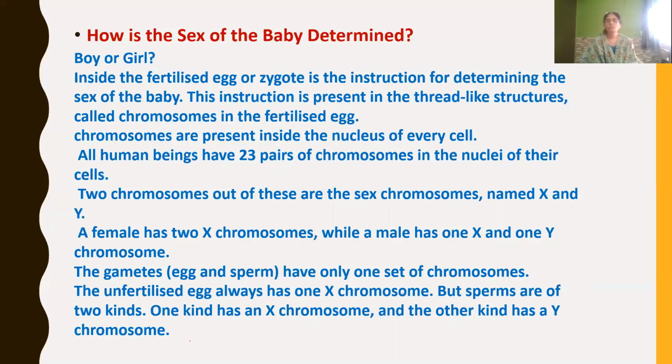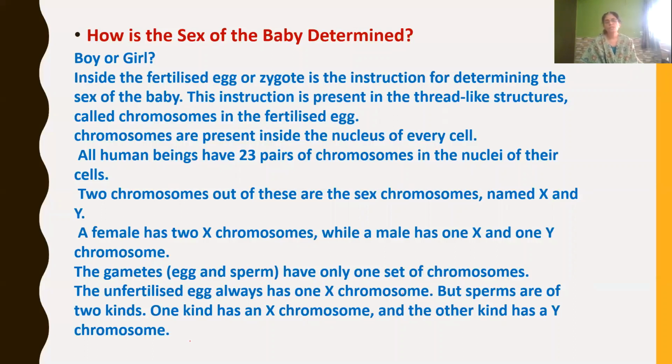So the zygote will determine the sex of the baby. How? The instruction will be inside the zygote, present in the form of thread-like structures called chromosomes in the fertilized egg.